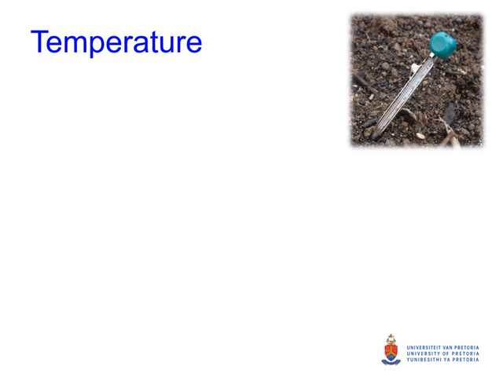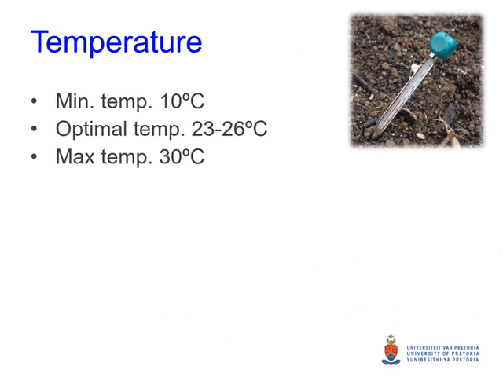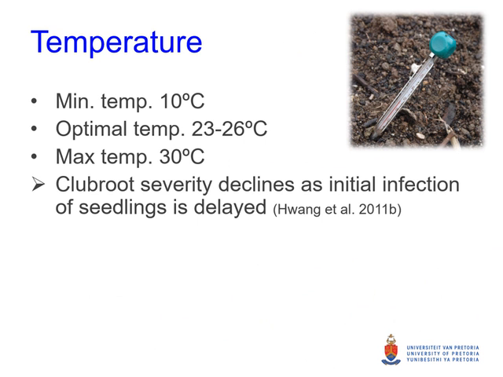So I said infection of root hairs is also dependent on temperature. The minimum temperature for infection of root hairs is 10, the maximum 30, and the optimum temperature is quite warm, between 23 and 26. So this is normally a disease that occurs in summer. And clubroot severity can decline as the initial infection of seedlings is delayed. In other words, the longer the pathogen takes to infect the seedlings, the older the plants get, the lower the final amount of clubroot.